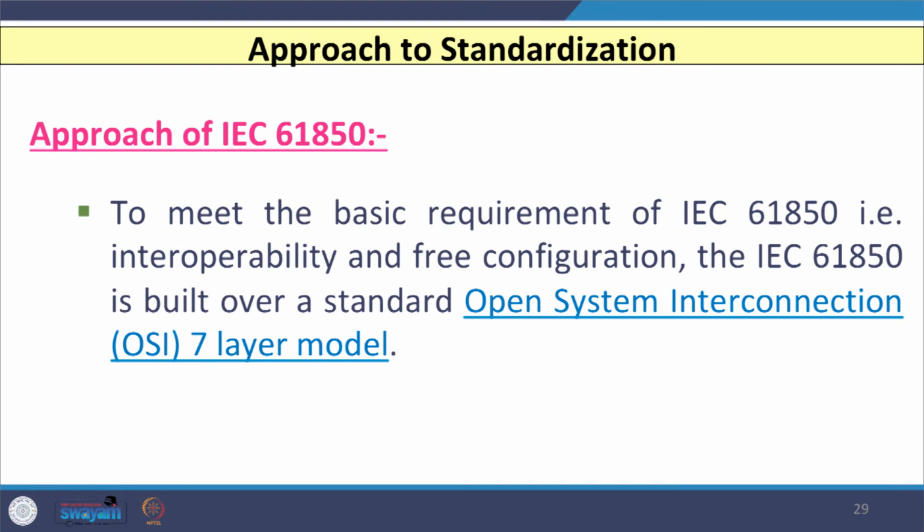To meet the fundamental requirements of IEC 61850, that is interoperability and free configuration, this protocol is built over an OSI 7 layer model, and OSI is nothing but open system interconnection 7 layer model. In these 7 layers, they have indicated the importance of each layer. We have physical layer, data layer, application layer, and so on, we will discuss.